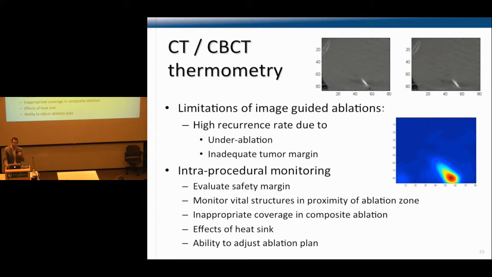Can we show a thermal map during the procedure, giving a picture to the interventional radiologist of whether there's accurate or sufficient coverage of a tumor? This will help to evaluate safety margins, or, for example, if it's a composite ablation, make sure that the entire tumor is covered with the appropriate heat zones applied to the tumor.